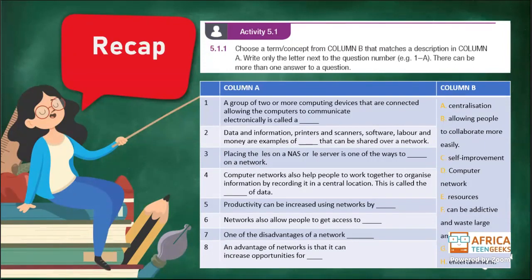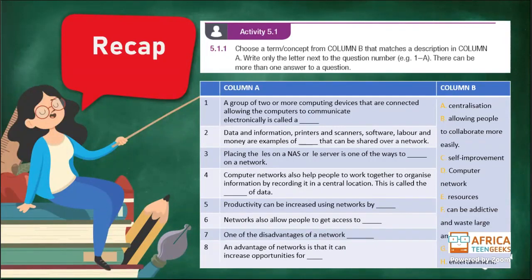Placing the files on a NAS or file server is one of the ways to dash what? What's the answer there? G, it's share files, okay? And then we move on to productivity. How do you increase productivity?